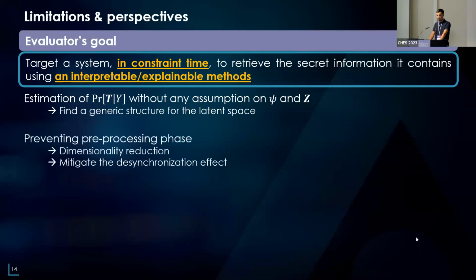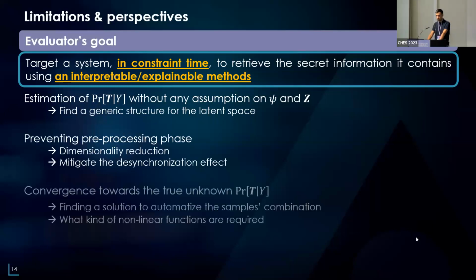Another example for mitigating the preprocessing phase, we can try to find some link between the theoretical work provided on the linear discriminant analysis by the SideChannel community and the convolutional layer provided by the machine learning field. And finally, if we want to converge toward the true unknown solution, one example to mention is maybe we can find a solution to automatize the sample combination.